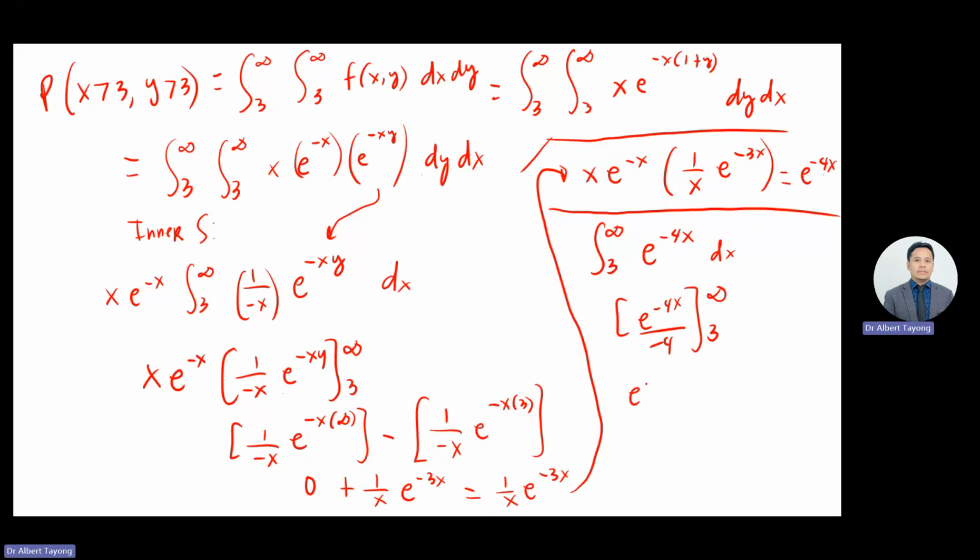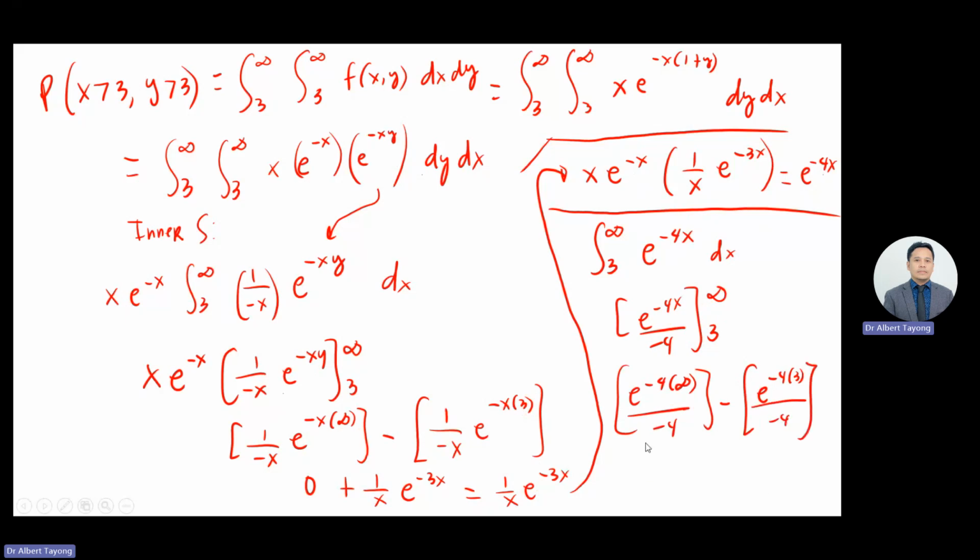So e to the negative 4 times infinity over negative 4, minus e raised to the power of negative 4 times 3, the lower limit, over negative 4.